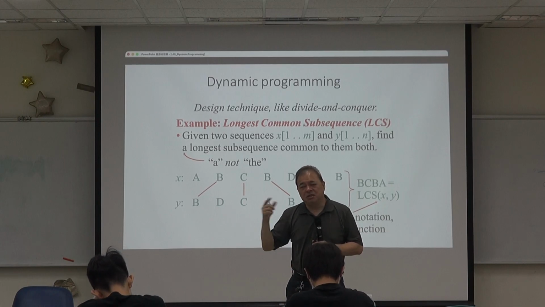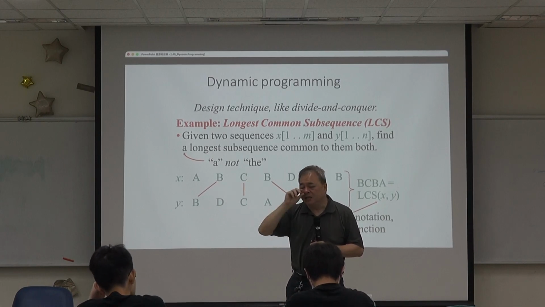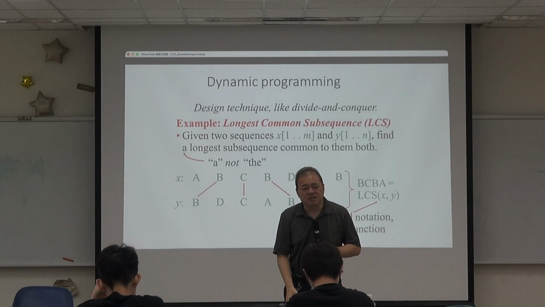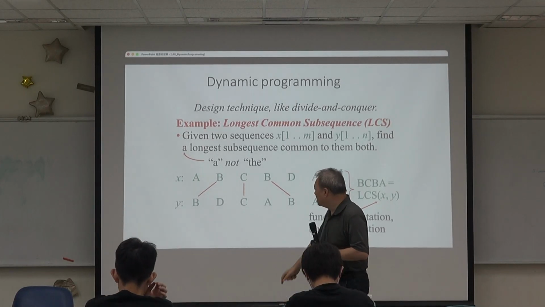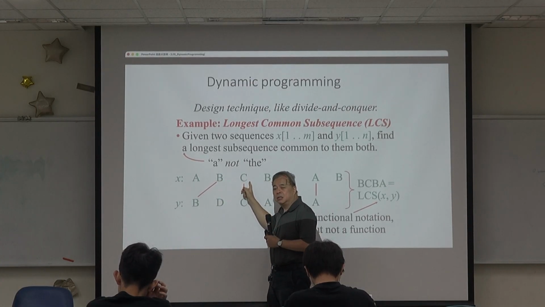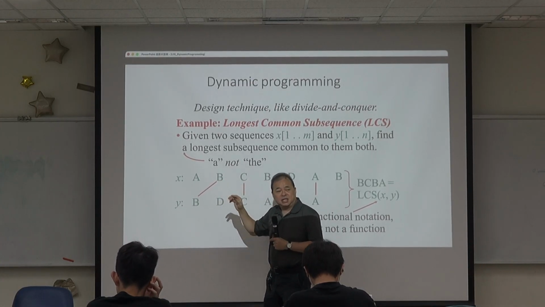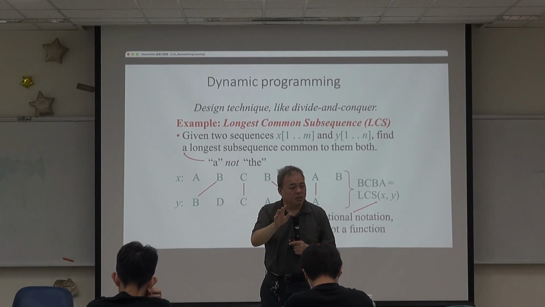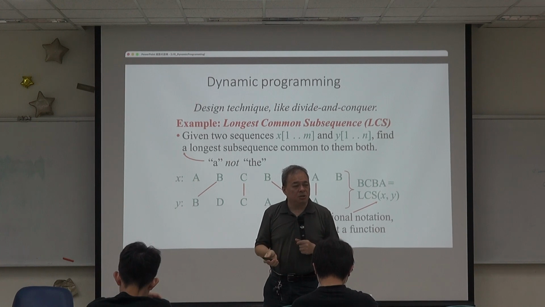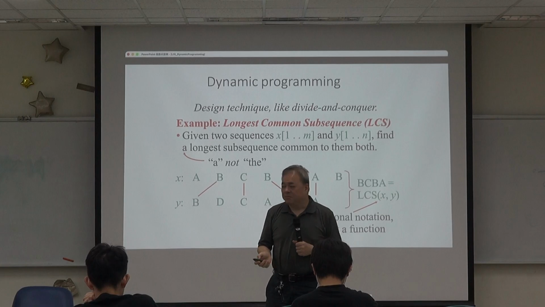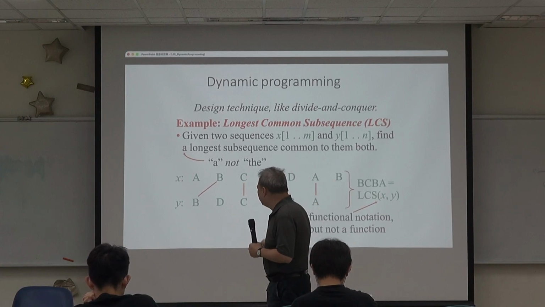Prefix is the front part of the string, and of course the lengths can differ, right? If I tell you our prefix length is 3, then for X that is A, B, C, right? So hopefully you understand what we are talking about, because the discussion of the algorithm lies in the idea of the prefixes.